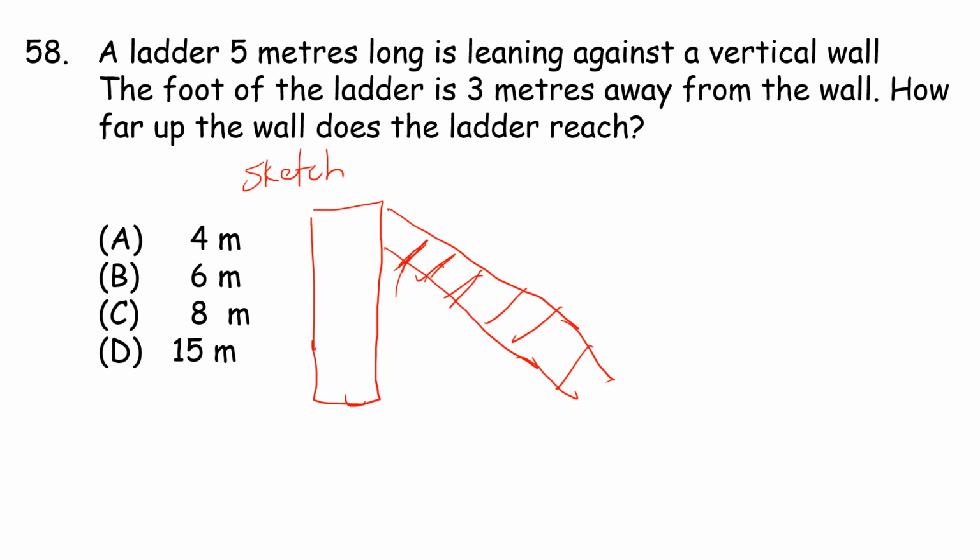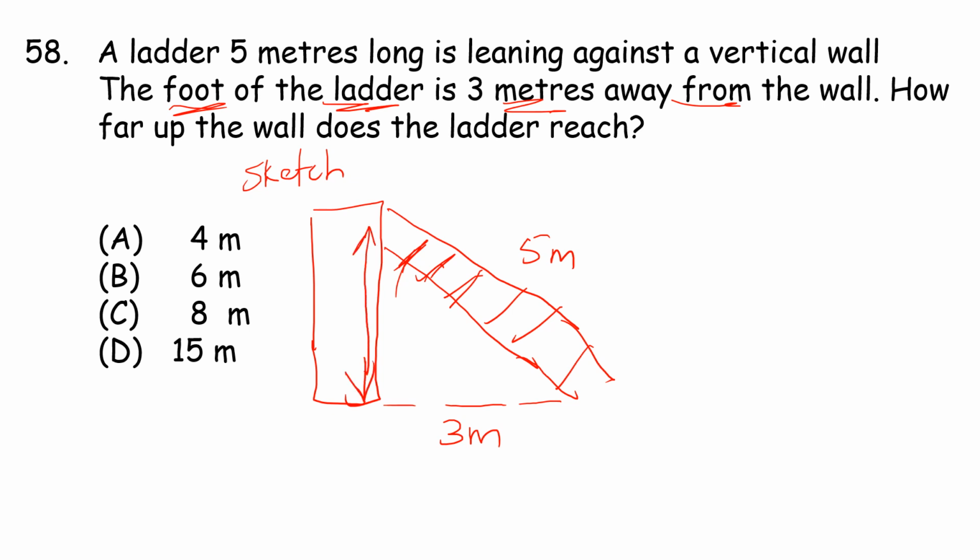The ladder is 5 meters long, so here is 5 meters. The foot of the ladder is 3 meters away from the wall, so here is 3 meters. How far up the wall does the ladder reach? So that means we want to find this distance here.